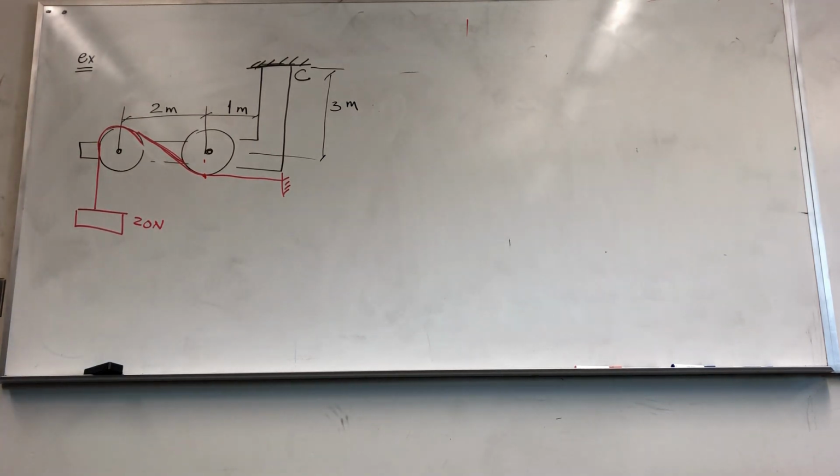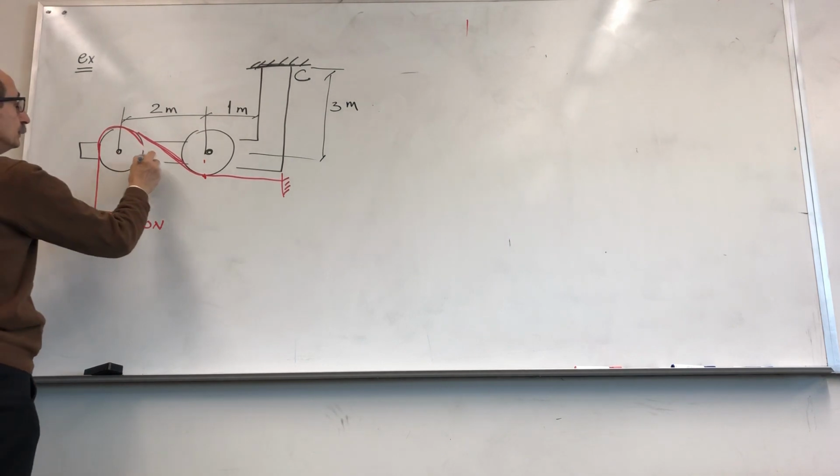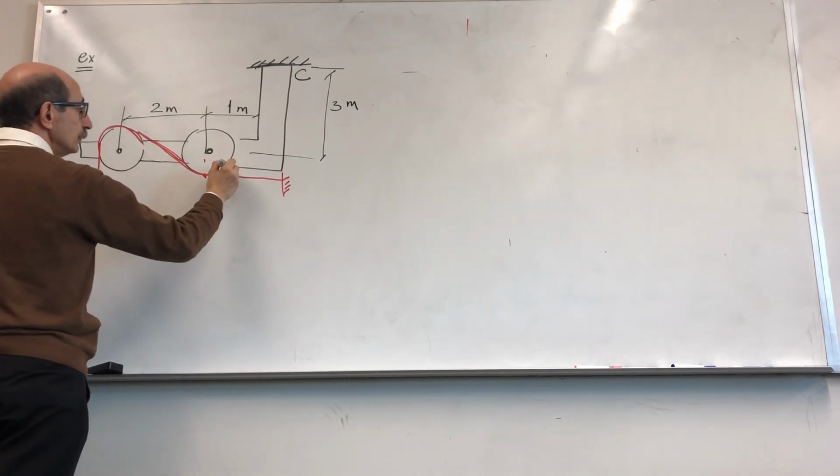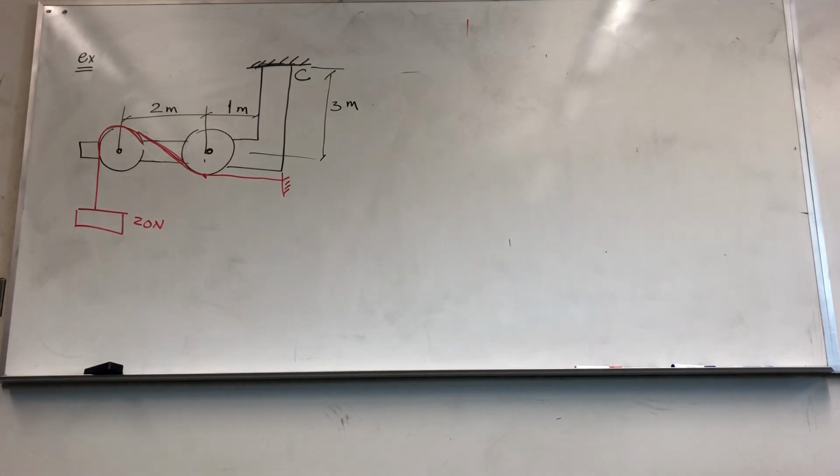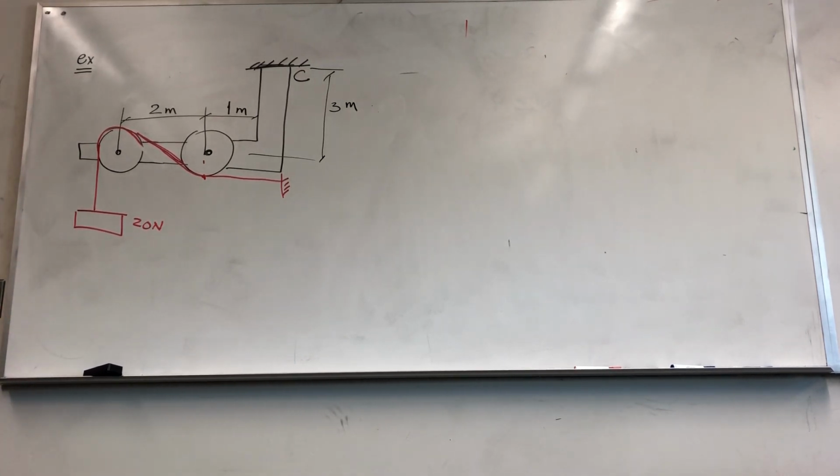So that's how this structure is carrying this 20 Newton load. It's not directly handling it, but through this pulley system. And the problem is asking you to find all the external reaction forces.